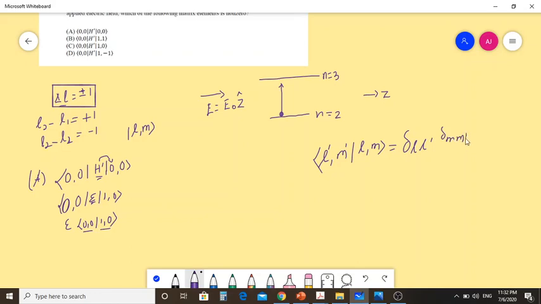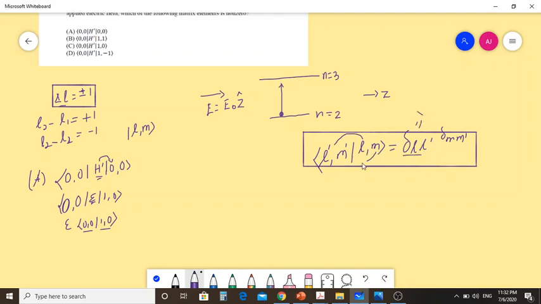This is the Kronecker delta, and this is the result for this inner product. So whenever we take the inner product and L equals L prime, that delta goes to 1.